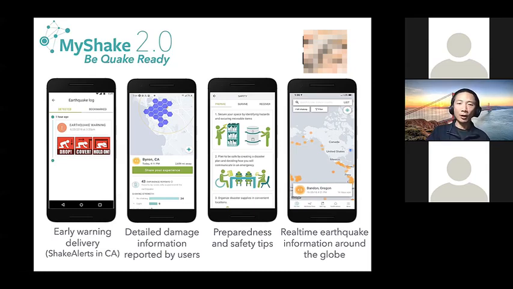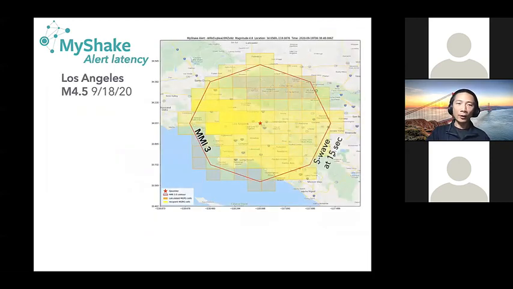So these are all the new designs of the app. And this is one example from about 2 months ago, a magnitude 4.5 earthquake in the LA region, Southern California. The earthquake is here, and this is the zone where we warned people and sent out the early warning messages.